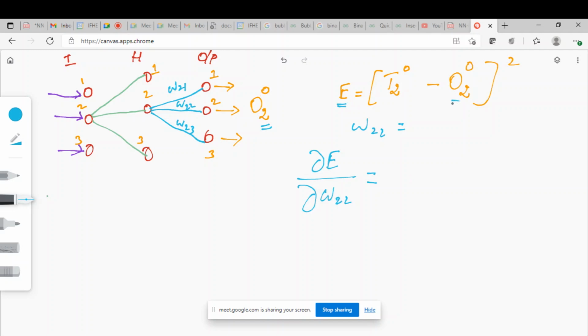Error is a function of the output, and again this output is a function of the input. This output takes an input. So what is the input received at neuron 2 of the output layer as of now?